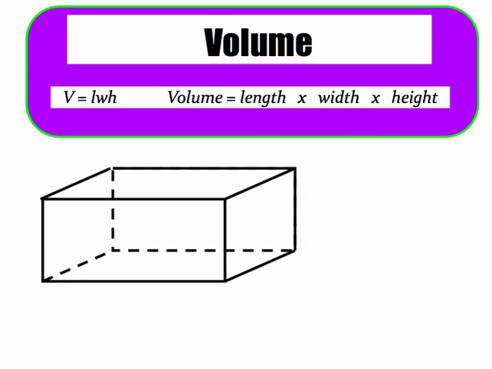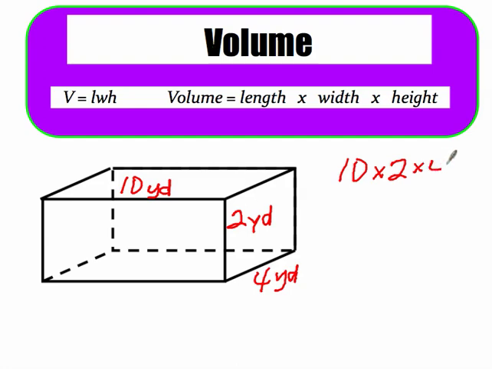Now this one, I get to label myself. Let's call this 2 yards. Let's call this 10 yards. And then we'll call this right here 4 yards. Okay, so I'm going to do 10 times 2 times 4.